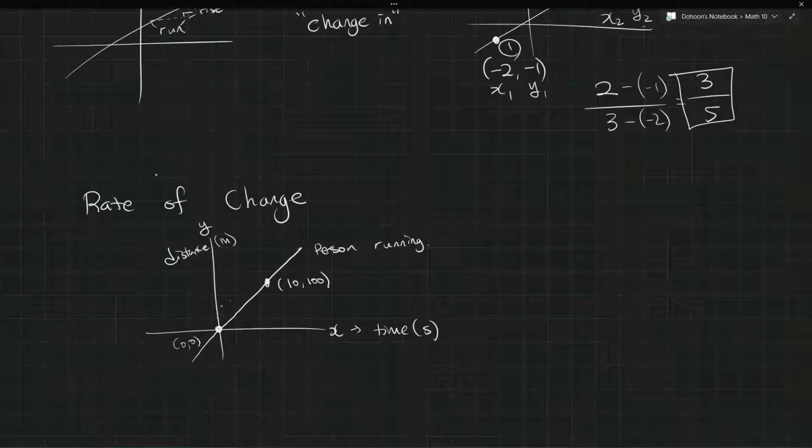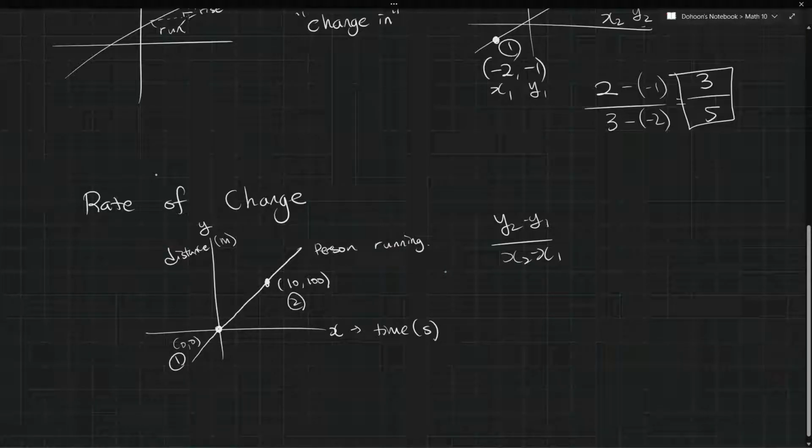Right? And then let's find the slope. Well, the slope, we can use the slope formula, y2 minus y1 over x2 minus x1. And this time, I'm going to use units all the time just to see what I mean by rate of change. Y2 value, okay, this is first and this is my second. Y2 value was 100 meters.